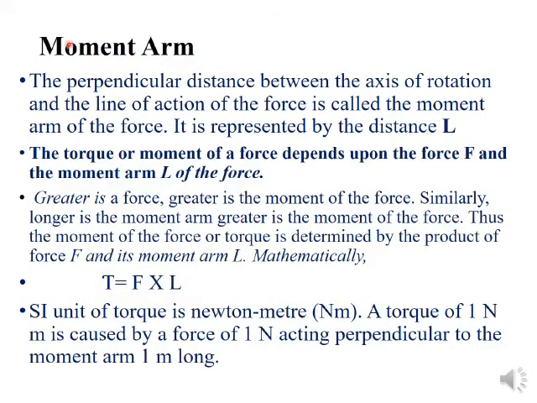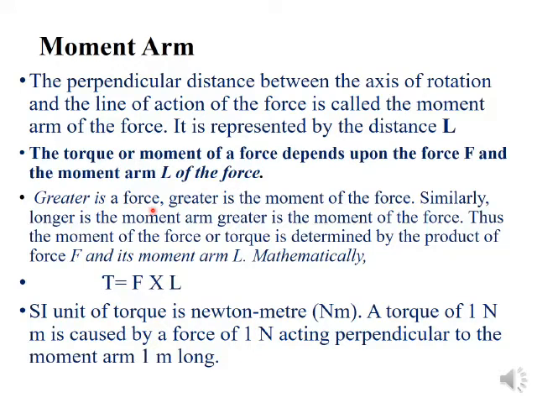Next is the moment arm. The perpendicular distance between the axis of rotation and the line of action of the force is called the moment arm of that force, and the moment arm is represented by distance L. The torque or moment of a force depends upon the force F and the moment arm L of the force.